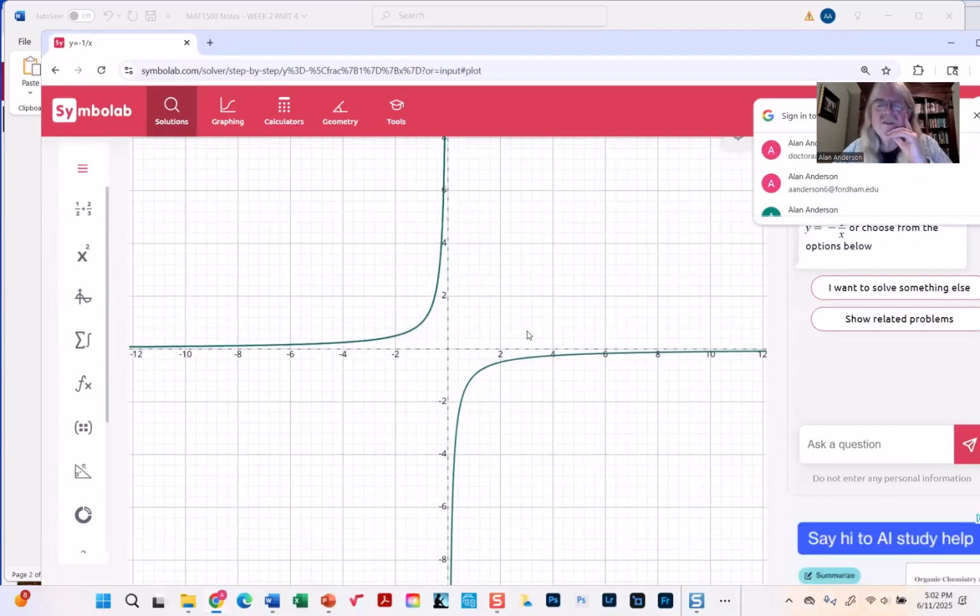This is what I was hoping we would see. Okay. So in other words, they're symmetrical from left to right about the vertical axis. In other words, they're symmetrical about the asymptote.